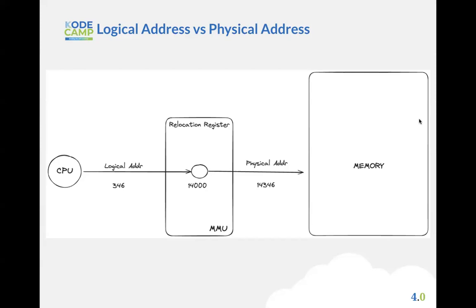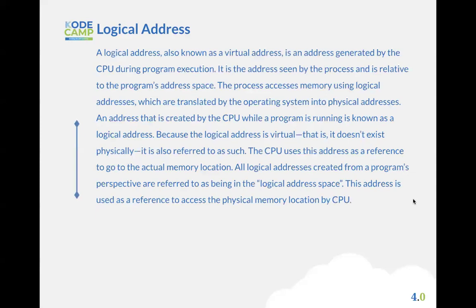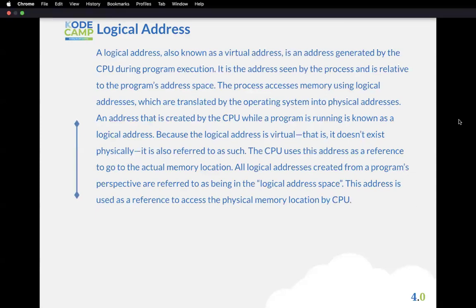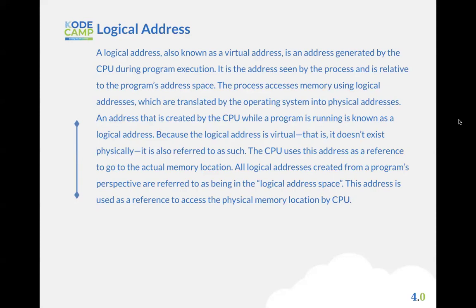This helps with efficiency of the process. So a logical address or a virtual address is an address that is generated by the CPU for a process during its execution. It is the address that the process references, the address that the process sees, and it is a relative address to what the process has actually been allocated as its address.